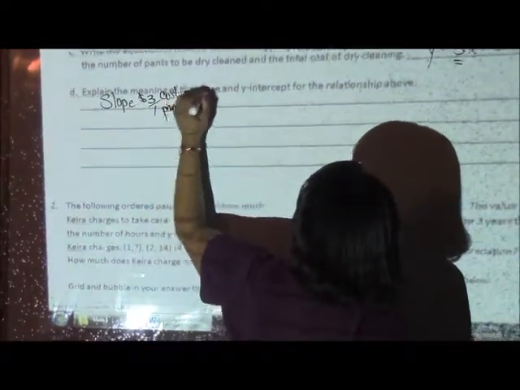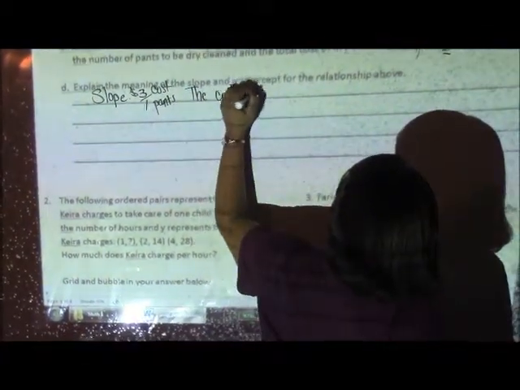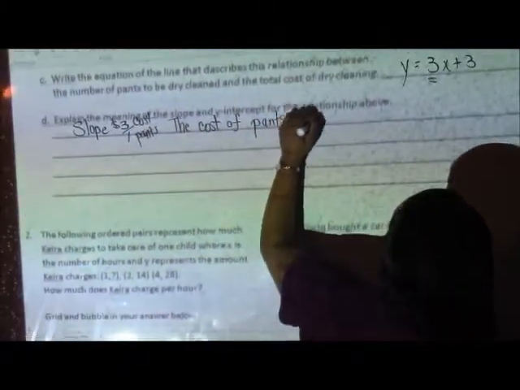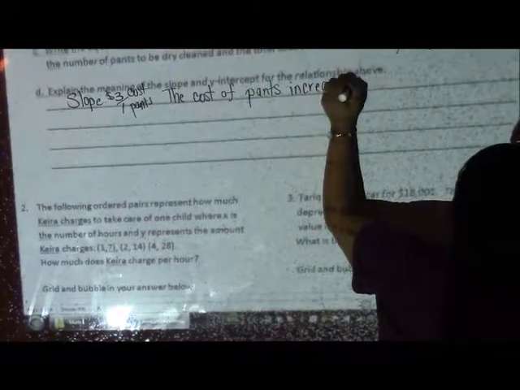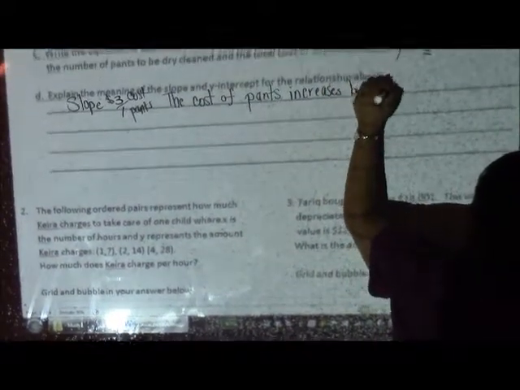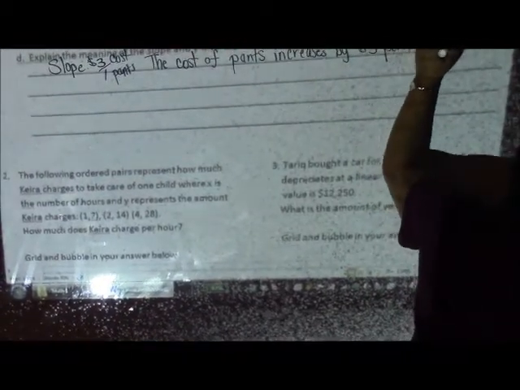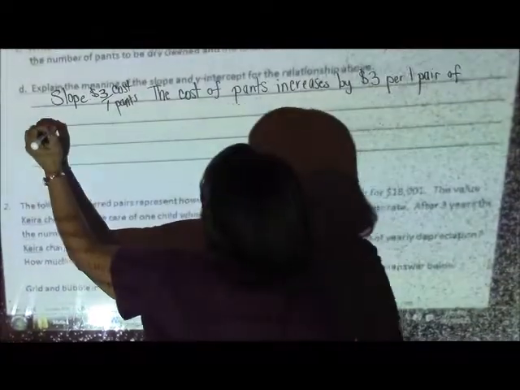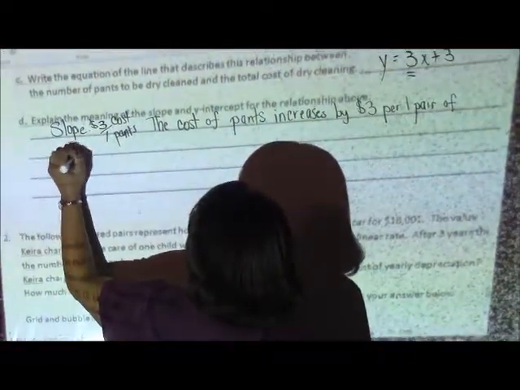So the price or the cost of pants increases by $3 per one pair of pants. Increases because we have a positive number.